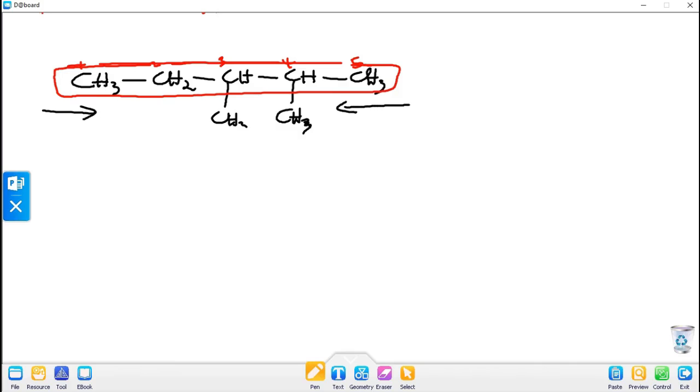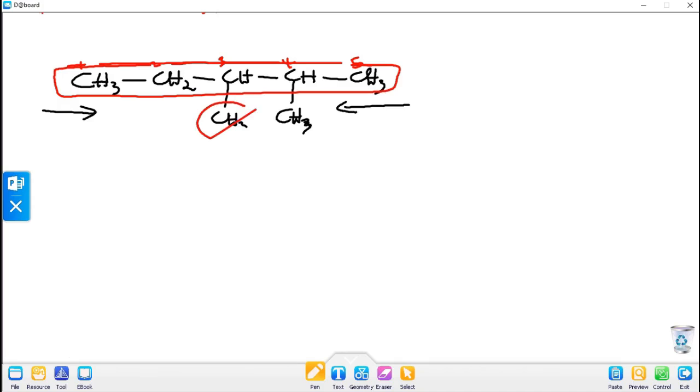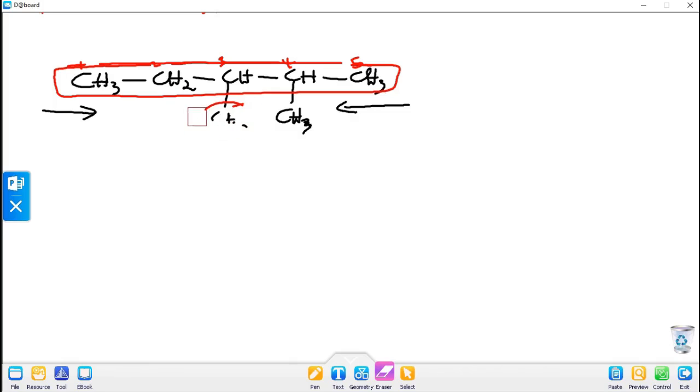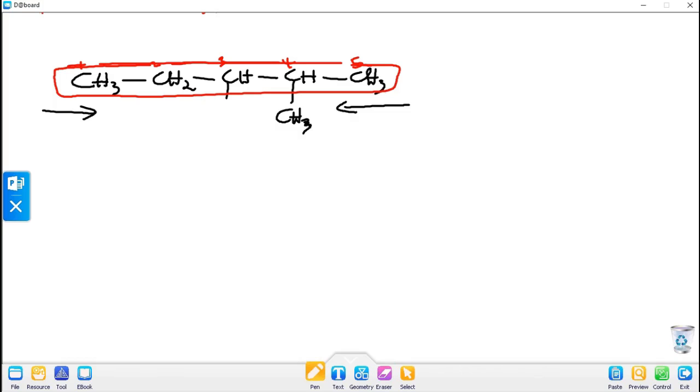To answer that question, we need to consider if we start numbering from the left-hand side, the side chains CH3. Oh, sorry about that. We're just going to rewrite that. CH3.